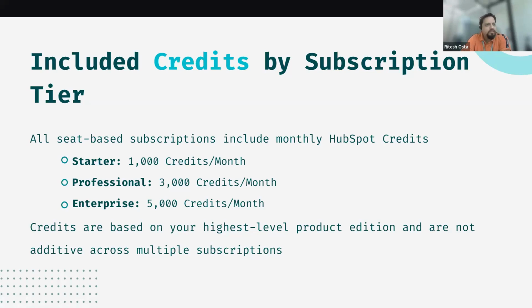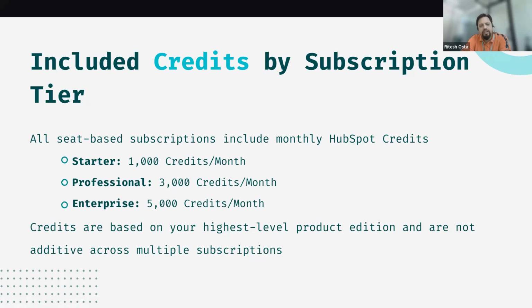Professional for Sales Hub starts at $100 per Sales Hub user. For Marketing Hub, it's around $800 for 3 users, I'm sorry, not per user. And for Enterprise, of course, the package depends on various different factors.